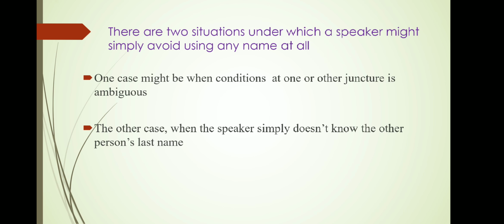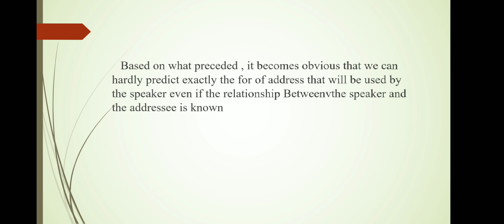Also, there are other considerable variations in address form usage across languages, national boundaries, and also social groups within the same community. So based on all these things, it becomes obvious that we can hardly predict exactly the form of address that will be used by the speaker, even if the relationship between the speaker and the addressee is known.